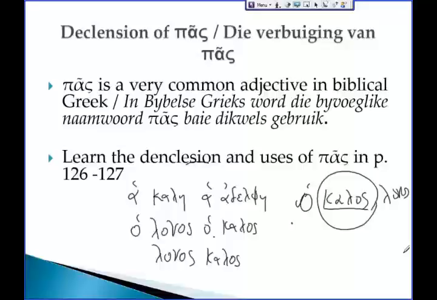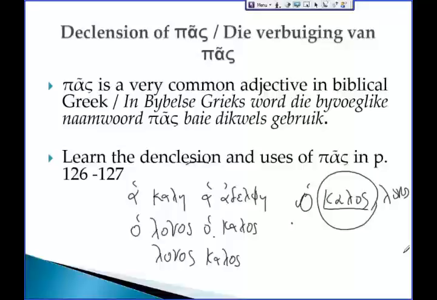Pas ho pisteuon. Then how do you translate it? Everyone who believes will be saved. Yeah. Okay. Look at that pas also there without an article, and then it stands there with that, what is pisteuon, Danny? If you parse it for us.